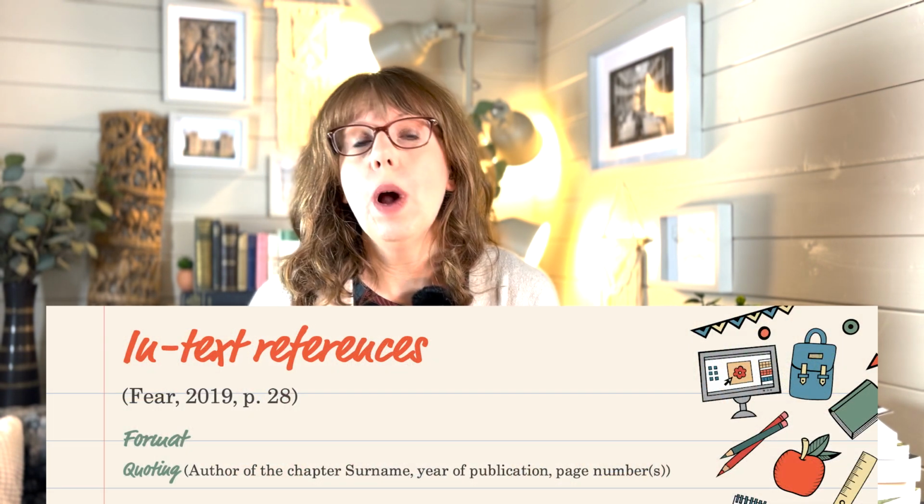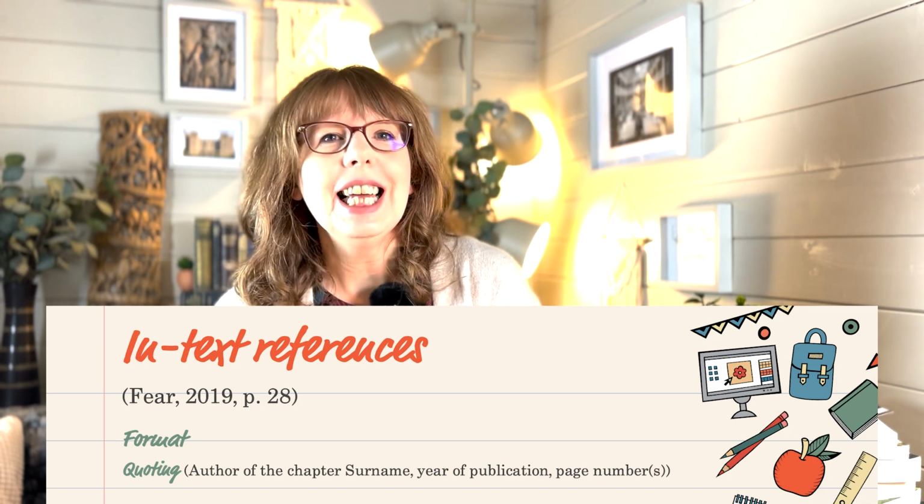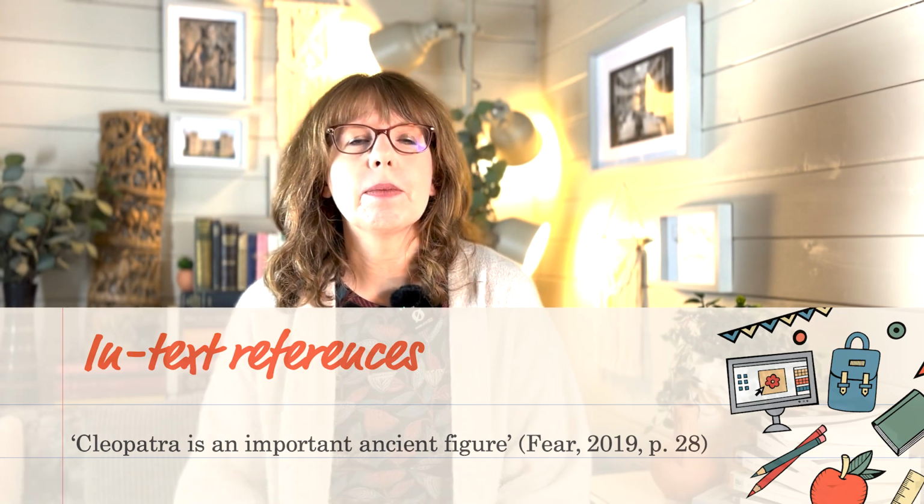There are a couple of exceptions to this. Firstly, the in-text reference I've just arrived at only acknowledges an idea of Trevor Fear's. So if I want to include a quotation, I need to add the page number where the quotation can be found, which looks like this. This in-text reference should appear at the end of a quotation.